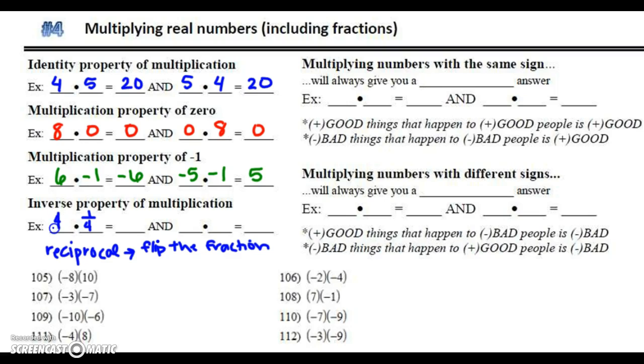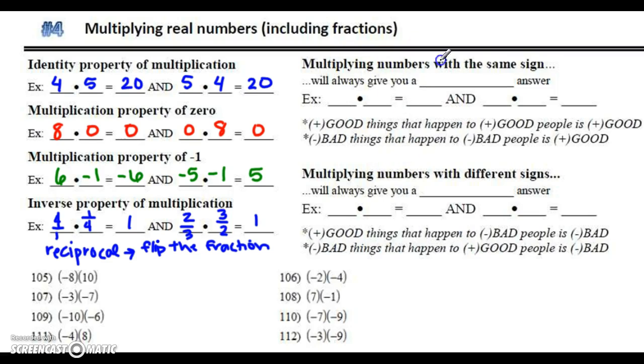So 4 is really 4 over 1. If we flip it, it's 1 over 4, and that is going to give us 1 when we multiply it by its reciprocal. So if we took 2/3 and multiplied it by its reciprocal, 3/2, we would get 1.